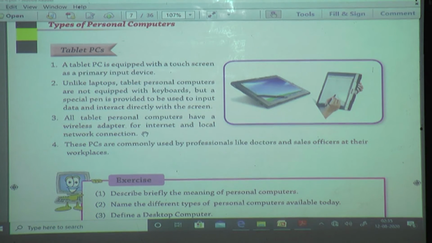By using the wireless adapter, we can access the internet and the local area network. These PCs are commonly used by professionals like doctors and sales officers at their workplace.